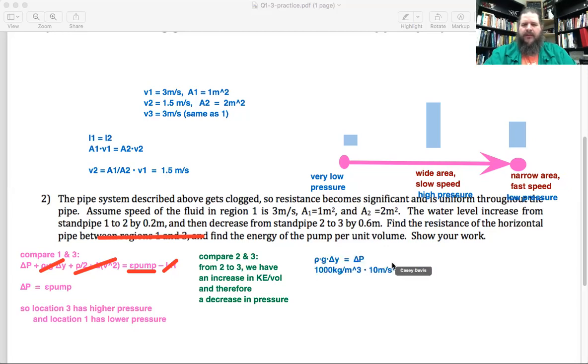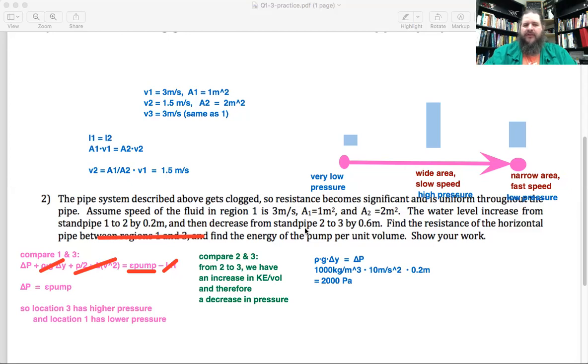So 1,000 times 2 would be 2,000. So 2,000 pascals. That tells us, based on the standpipes, that the difference between pressure 1 and pressure 2 is a difference of 2,000 pascals. And then you could do the same thing from 2 to 3. We should end up with 6,000. So the difference in pressure from 2 to 3 is a difference of 6,000 pascals.